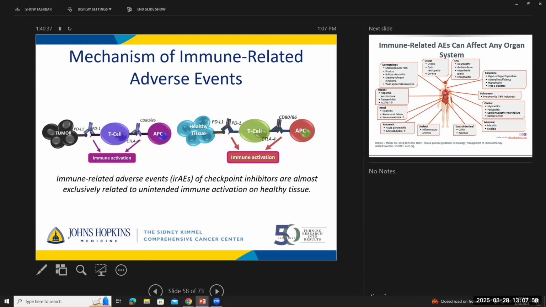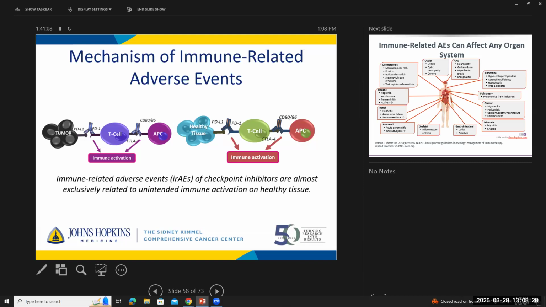And when we globally take the brakes off the immune system, we can see adverse effects resulting from overstimulation of the immune system in healthy tissue, okay? So this is basically showing you how the immune activation that we're getting can potentially damage healthy tissue, and that's where we get the main side effects of this drug class, which includes PD-1, PD-L1 inhibitors, and CTLA-4 agents, which are these immune-related adverse events.